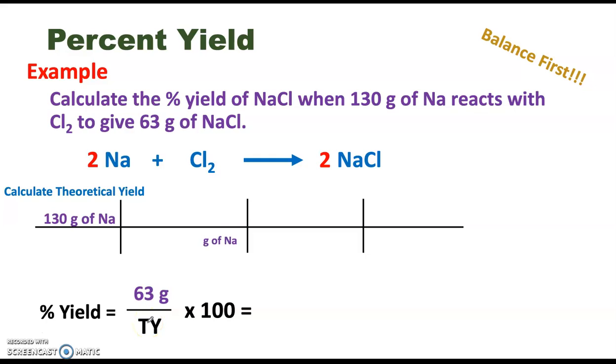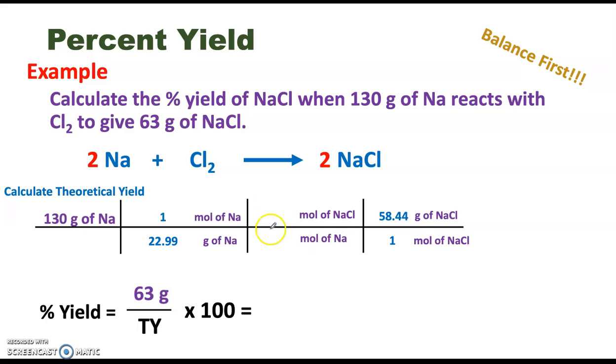And now, as always, you put your units in: grams to moles, then moles to moles, then moles to grams. So you lay out all your units. From here, remember if mole is with grams, it automatically gets a 1. Then we put in the molar masses. You've got the molar mass of sodium down here, the molar mass of sodium chloride up here.